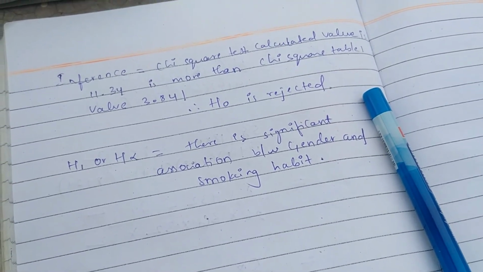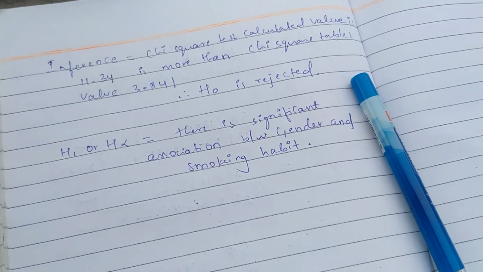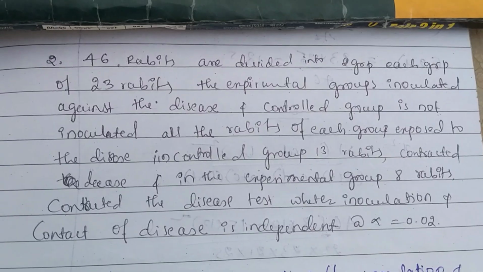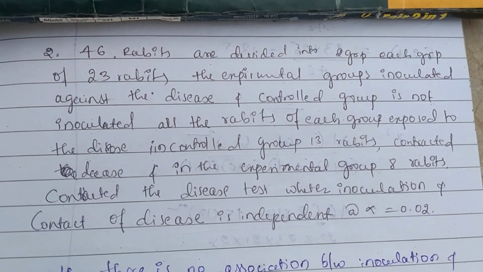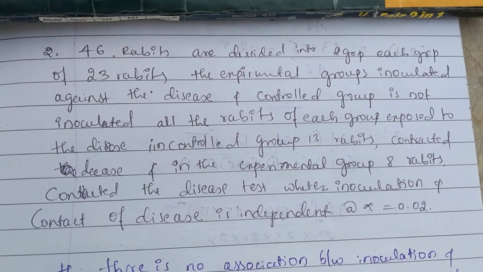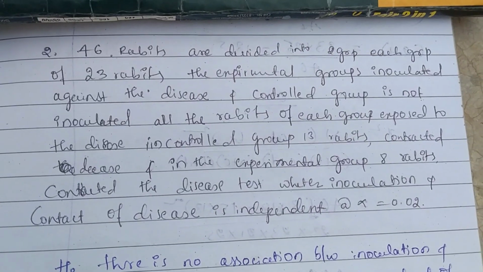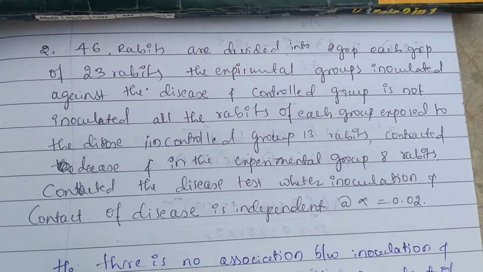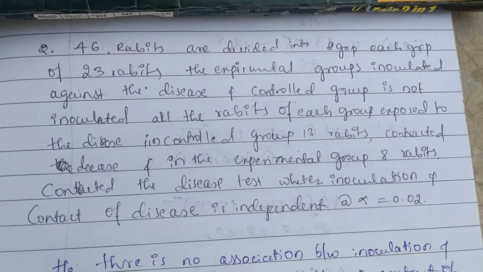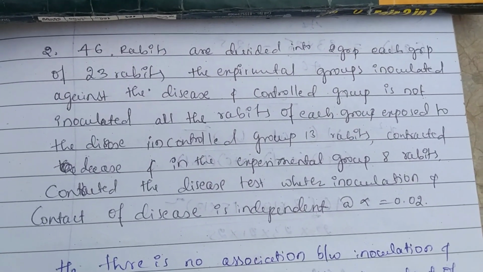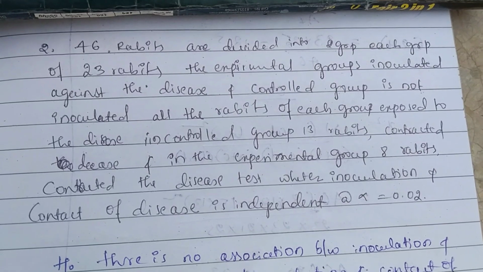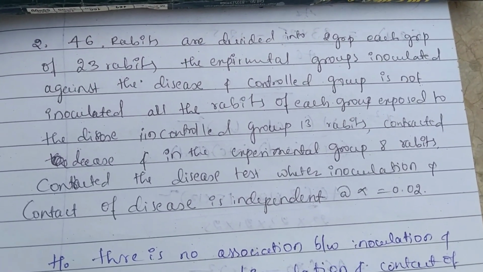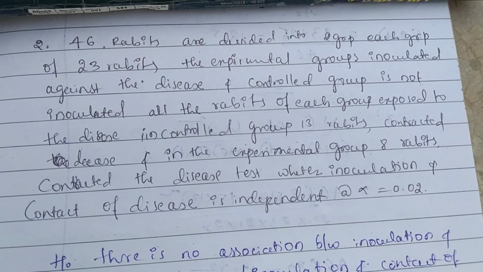So here we'll finish it, and I'll give an example to calculate chi-square similarly. Forty-six rabbits are divided into two groups. Each group of 23 rabbits: the experimental group is inoculated against the disease, and the control group is not inoculated. All the rabbits of each group are exposed to the disease, and in the control group 13 rabbits contracted the disease, and in the experimental group 8 rabbits got the disease.